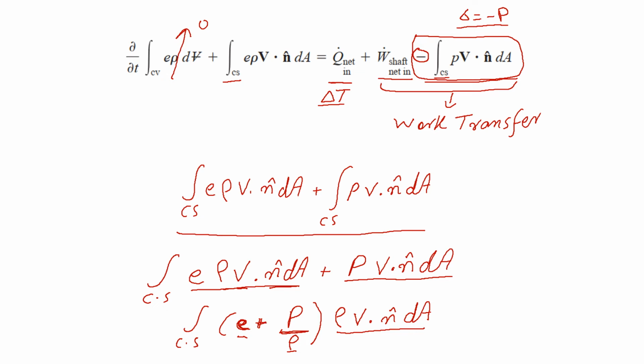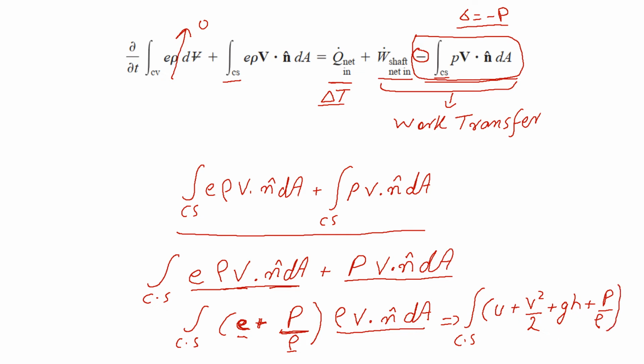So now we can also write this. If we write the terms for our intensive property, that is our specific energy, it is the specific internal energy, plus V squared by 2, the specific kinetic energy, plus gh, plus P over rho.